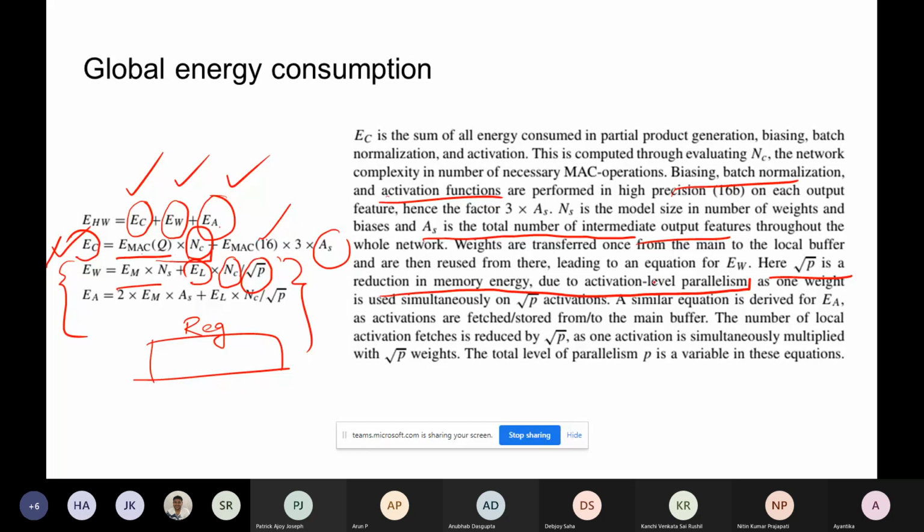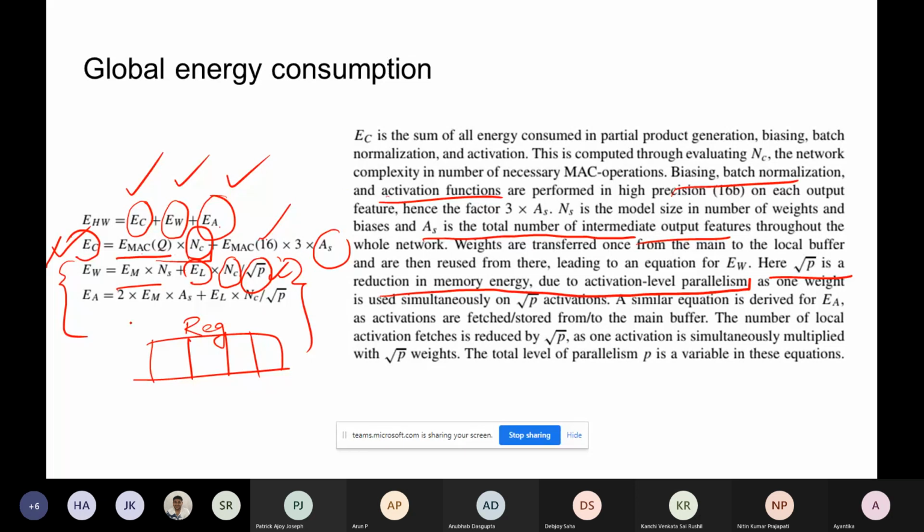That means you have taken one data in this register and you are using this value in parallel for multiple computations. That way you are applying parallelization and reducing the requirement of this EL. If it was a direct NC times EL fetch, then EL into NC, now you are applying some parallelism and reducing this part of memory.